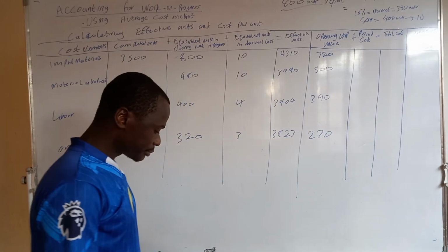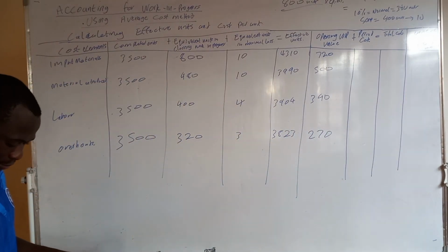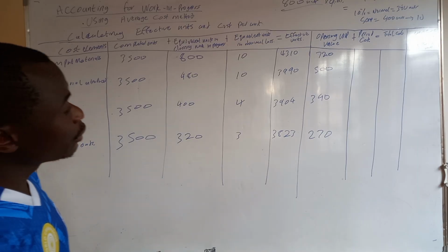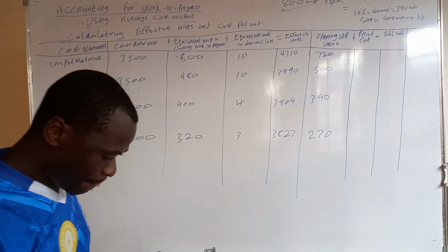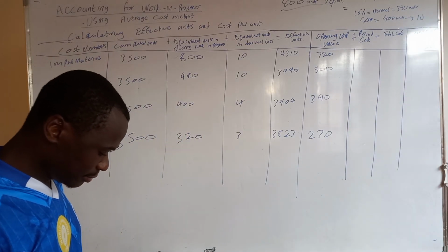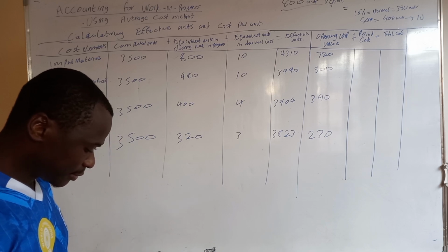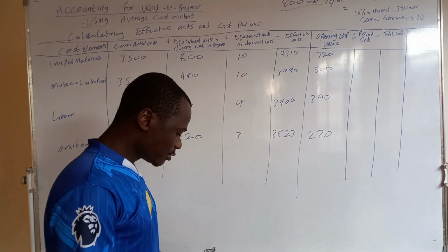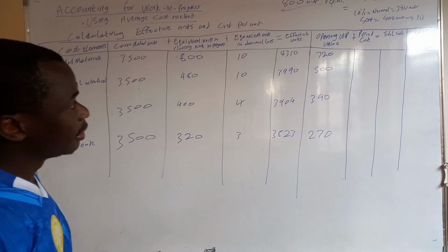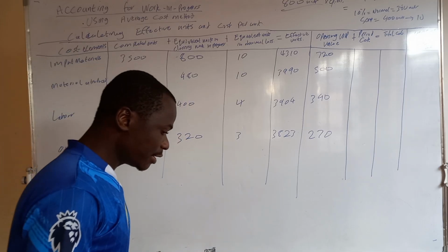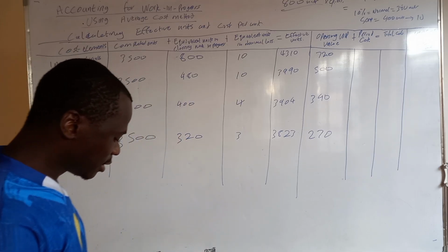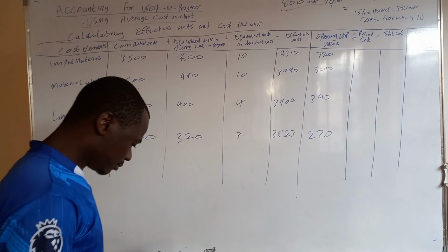Now, cost for the period. Period cost you are given. Material introduced was 2,956. But there's something you must understand.